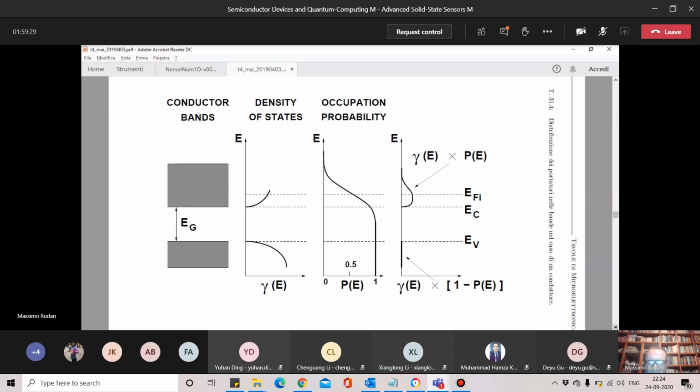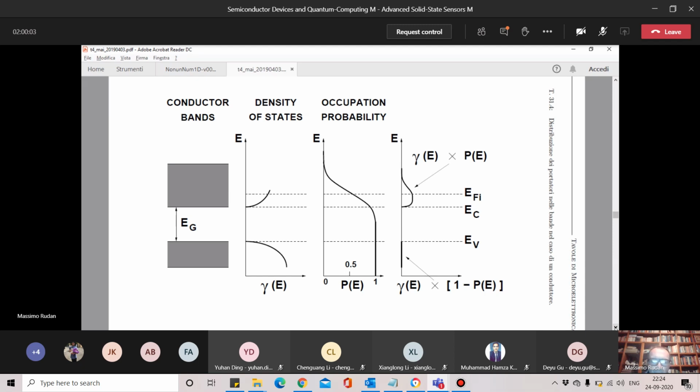You know that at equilibrium, the probability of occupancy of a band is given by the Fermi statistics. And the Fermi statistics has two parameters in it. One is temperature. It is the temperature of the crystal, in this case. And the other parameter is the Fermi level.